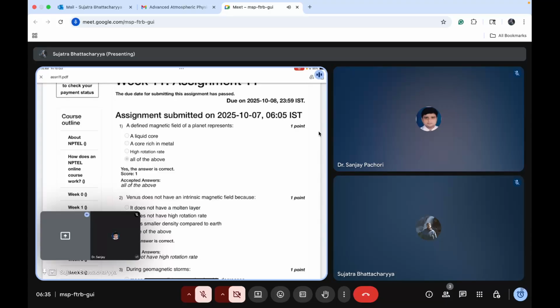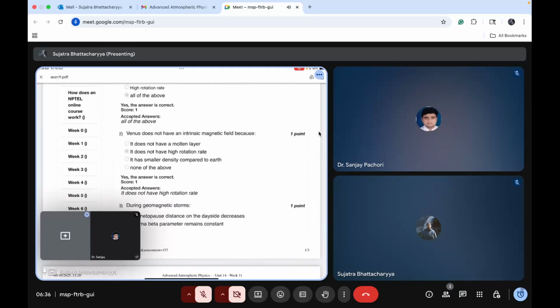As I discussed in the last session, the outer core of the Earth is fluidic in nature and also has a good amount of charged particles which come from nickel and iron, Ni and Fe. The third one is a high rotation rate. Earth rotates pretty well, it's 24 hours. So all three conditions should be satisfied, then only you will get a defined magnetic field. This has already been discussed, so all of the above is correct.